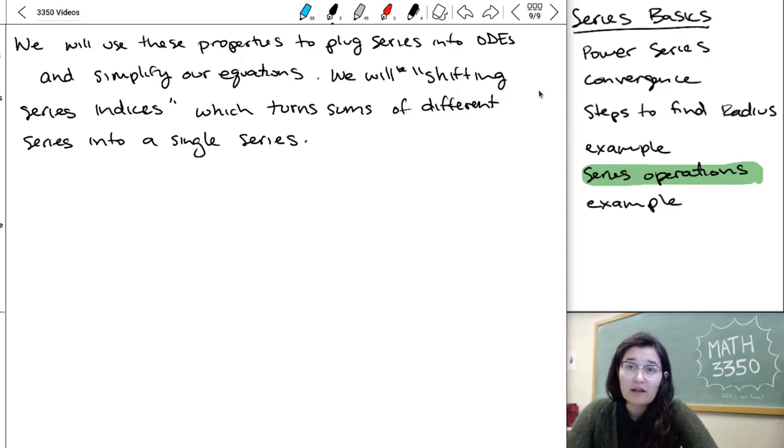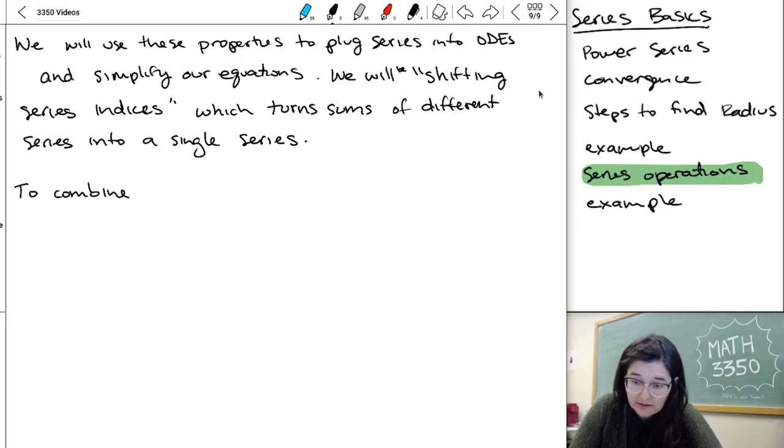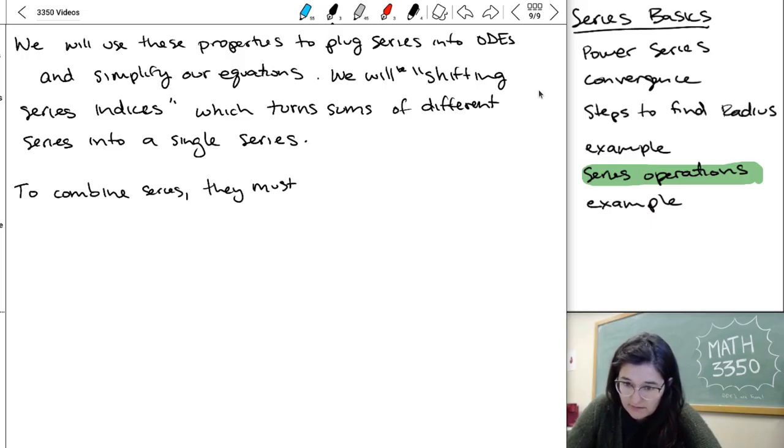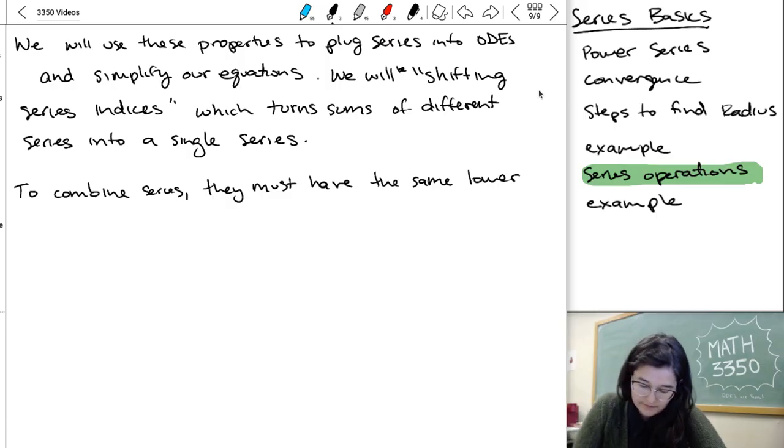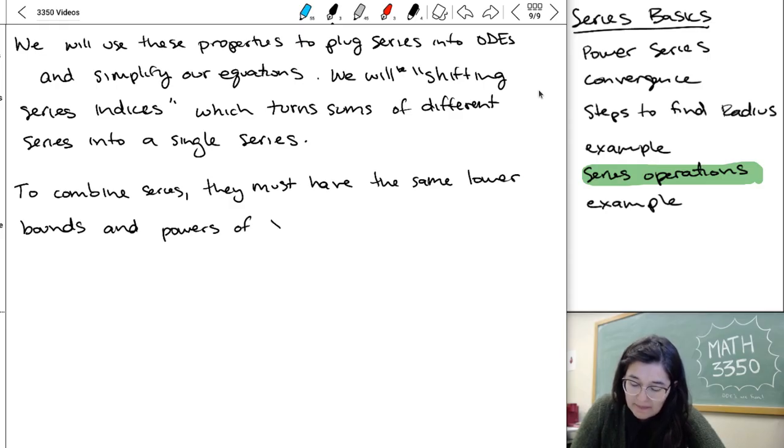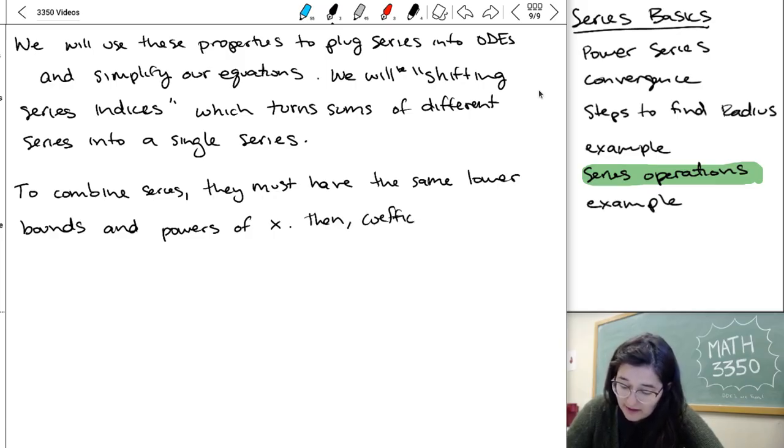If I want to combine these series, I'm going to need two things. They're going to have the same lower bounds, that n equals 0 on the bottom, and they will have to have the same powers of x. Inside they have to have that same x to the power n. If that's true, then you can go ahead and combine their coefficients.